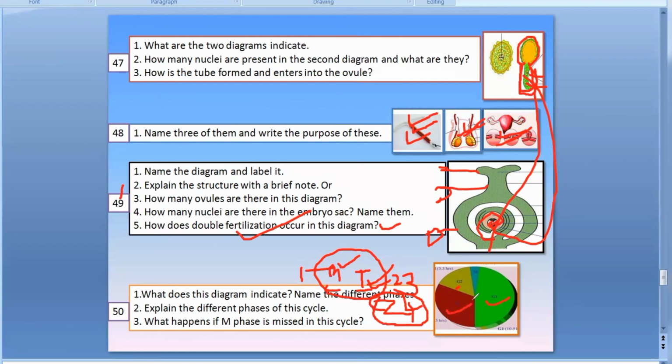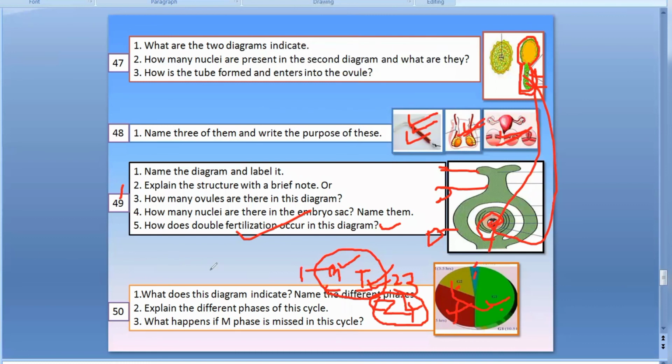The S phase is the synthesis phase, and there are gap 1 and gap 2. These three take the 23 hours. M phase means one cell gives rise to 2 cells, and this happens only in M phase. Mitosis takes only 1 hour, so in 1 hour, from one cell, 2 cells develop. This is called cell division and the cell cycle.